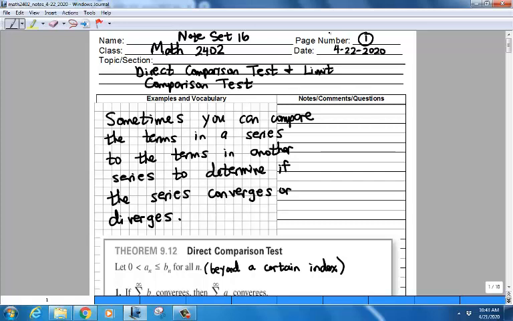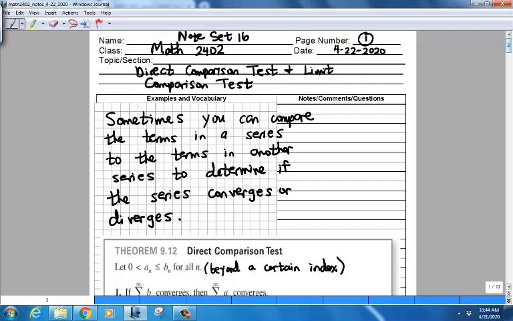And if we're dealing with a p-series, remember from the notes last time, we know the situations in which p-series converge and diverge. So we do have information already about whether a series converges or diverges, but we're going to learn a couple more techniques that we can use to make that determination.